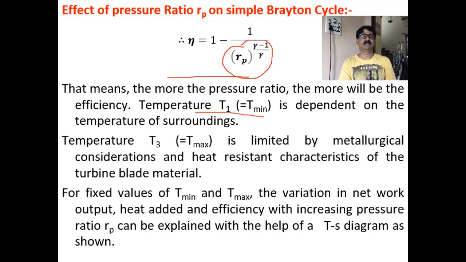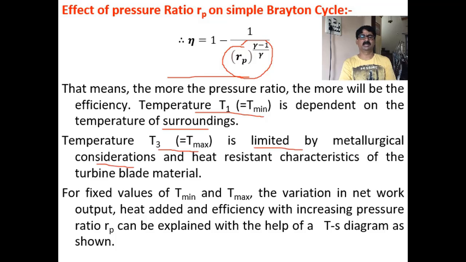The temperature T1 or T min is dependent on the temperature of the surroundings. So here T1, the entry point to the compressor, is nothing but the atmospheric temperature or the temperature of the surroundings, whereas T3, equal to T max, is limited by metallurgical considerations.